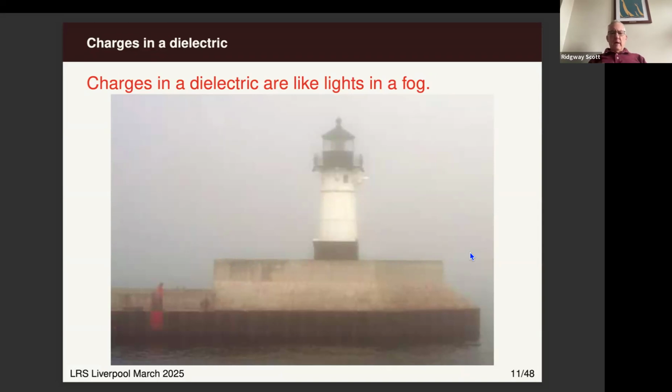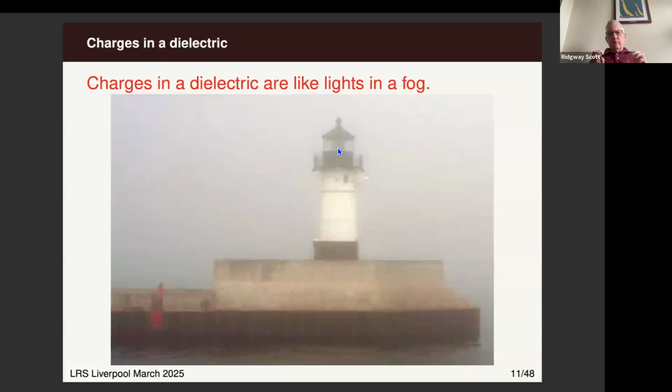But what is a dielectric? A dielectric is something that shields charges. It's like having a fog around a lighthouse. This lighthouse probably is lit up here, but we can't see it through the fog, because the dielectric, the fog, keeps it from shining as brightly as it would otherwise.